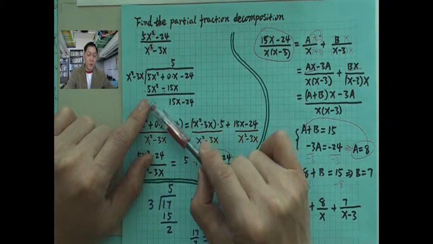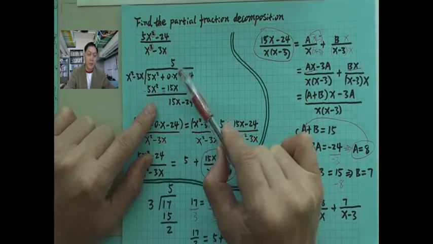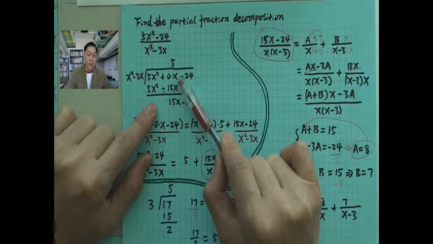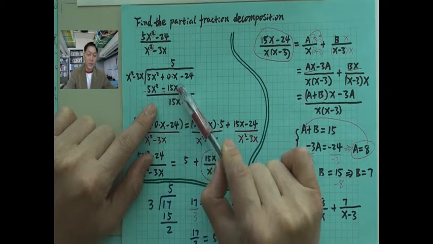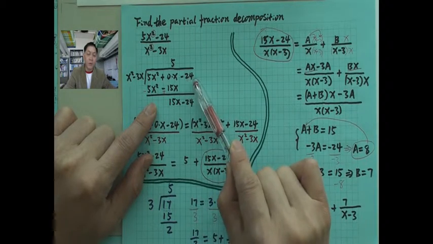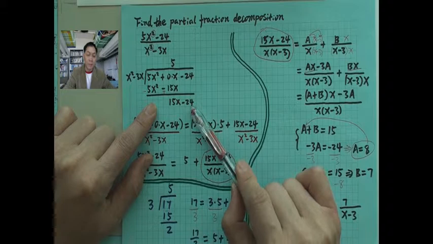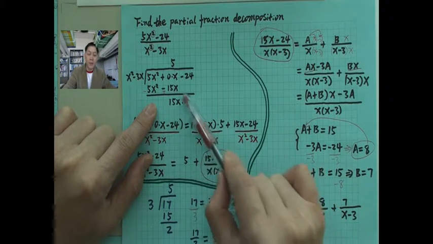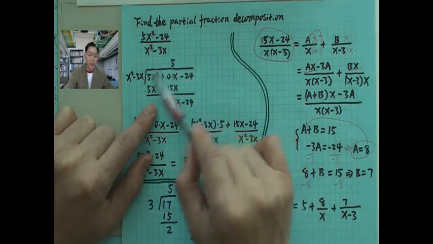Together you have a 0, so you don't need to write it. And here positive 0x, positive 15x, so you have a positive 15x. Now negative 24, moving down. This one is the remainder, along with the quotient and divisor.